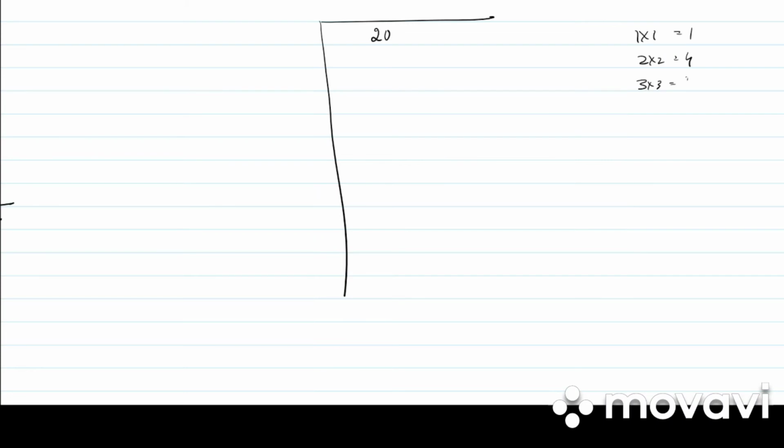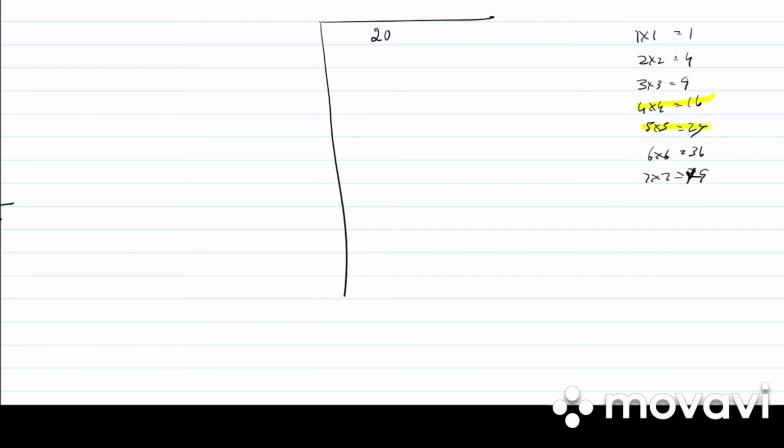Say for example, we need to find the square root of 20. So first thing you need to do is write 20. Which is the number closest to 20? 1 1s are 1, 2 2s are 4, 3 3s are 9, 4 4s are 16, 5 5s are 25, 6 6s are 36, 7 7s are 49 and so on. Which is the closest number? It is either 4 4s are 16 or 5 5s are 25.